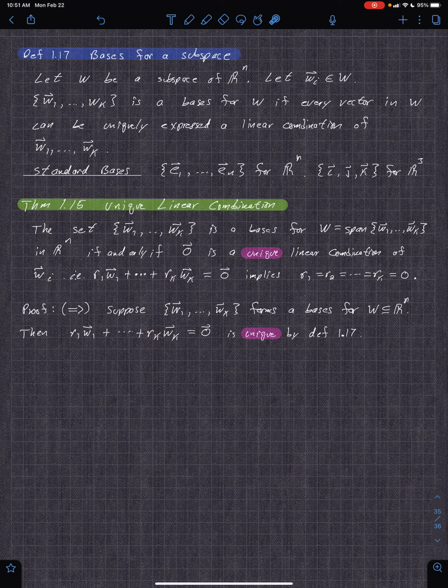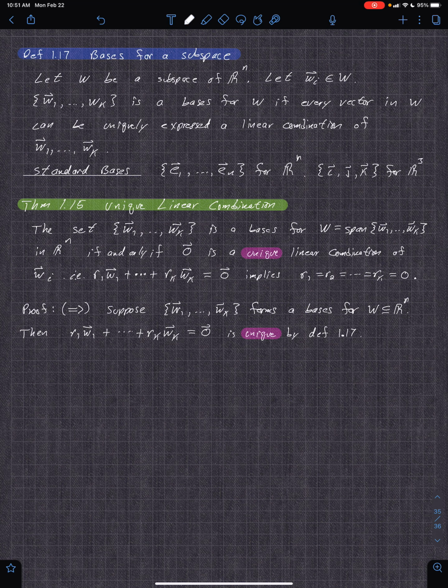So it's basically saying up here, W is a basis means that every vector in W can be uniquely expressed as a linear combination of those vectors. So 0 is a vector in the subspace, and therefore this linear combination must be unique.